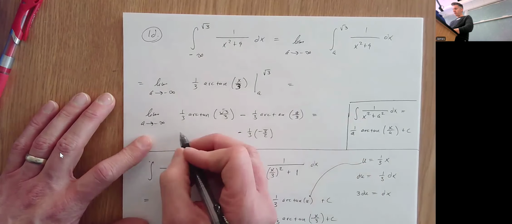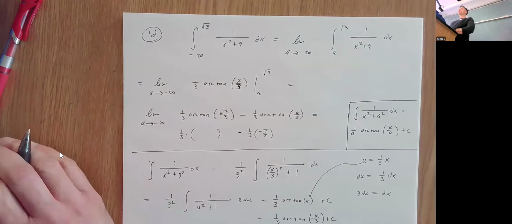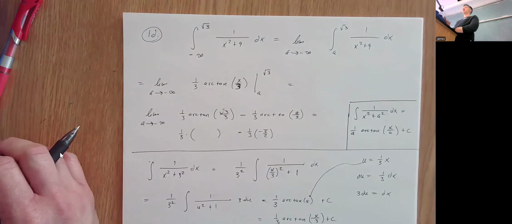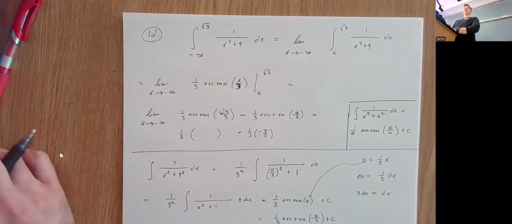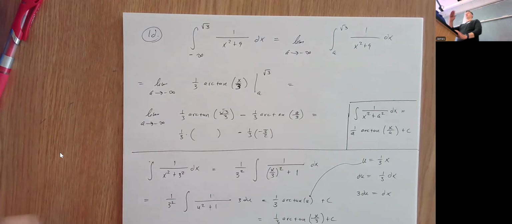This first part here is going to be 1/3 times, what's the arc tangent of √3/3? It's not pi/4. You know that because arc tangent of 1 is pi/4. So let me ask you a question. Should it be an angle that's less than pi/4 with a bigger x and a smaller y, or an angle that's bigger than pi/4 with a bigger y and a smaller x?